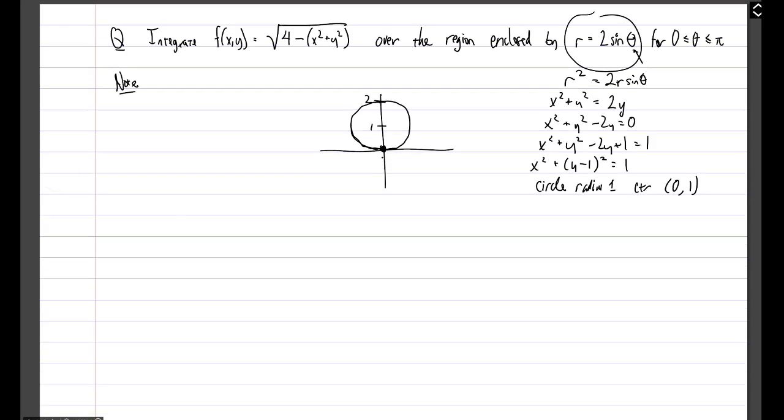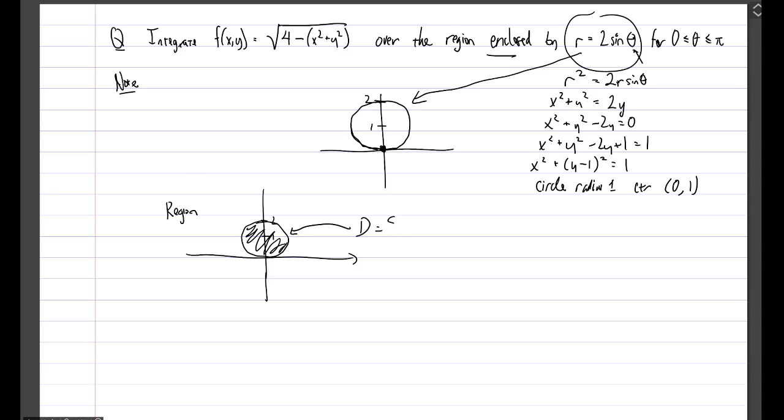Okay, the region that is enclosed: this is just the circle itself, but the enclosed region, so there's 1, there's 2, is the filled-in circle. It's technically called a disk.